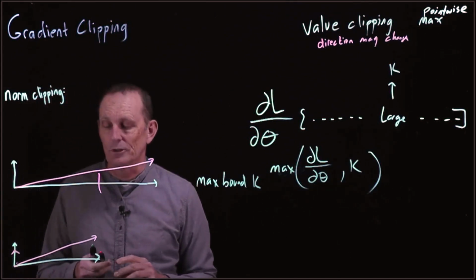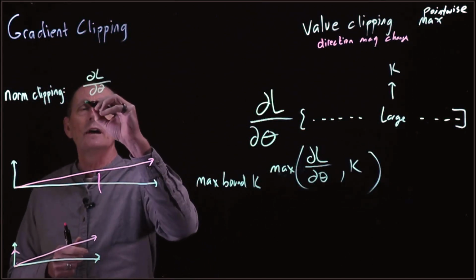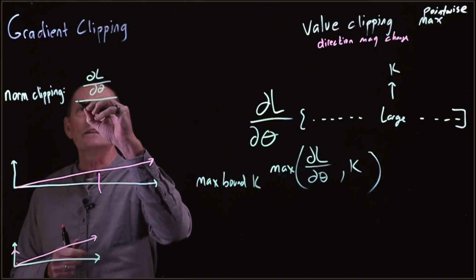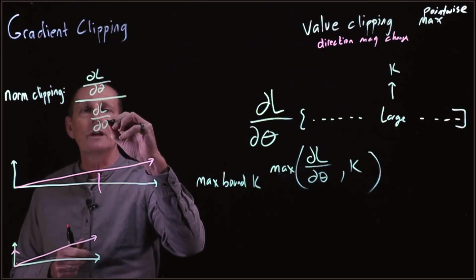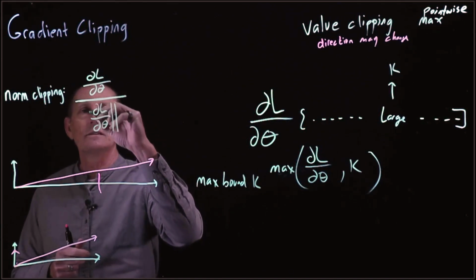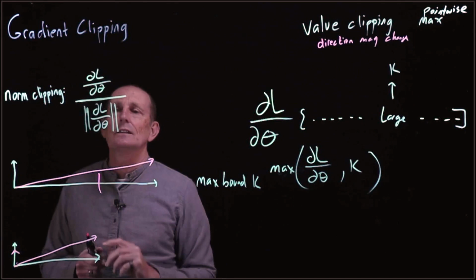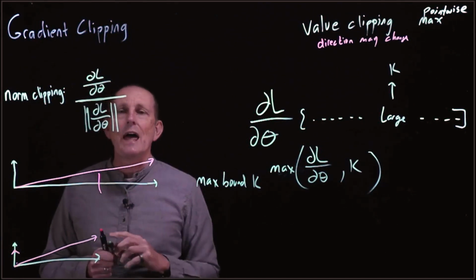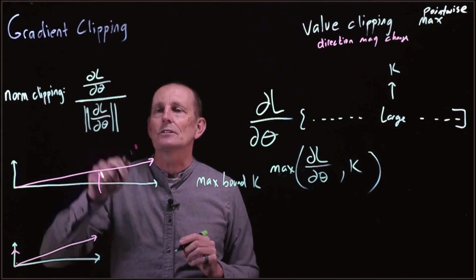All we really do for norm clipping is take our gradient and divide by the gradient's magnitude. Now we've got a unit length vector here, which is the gradient.